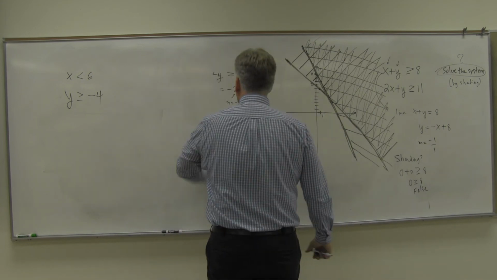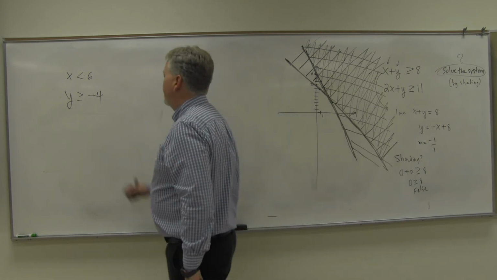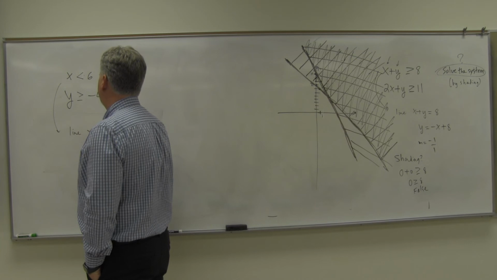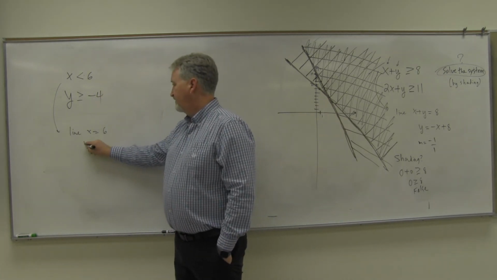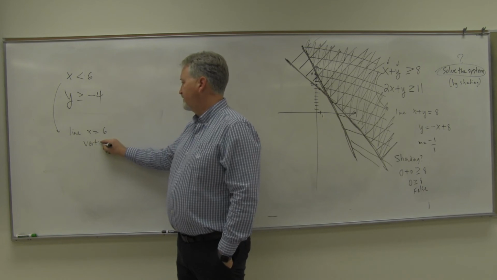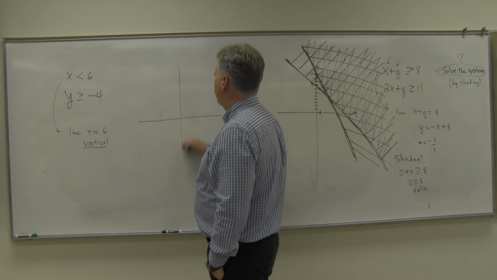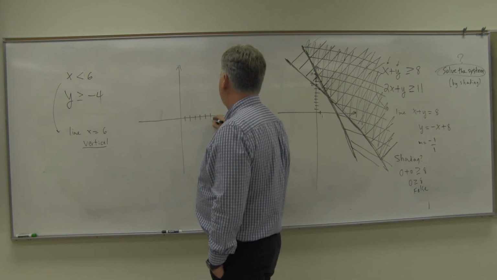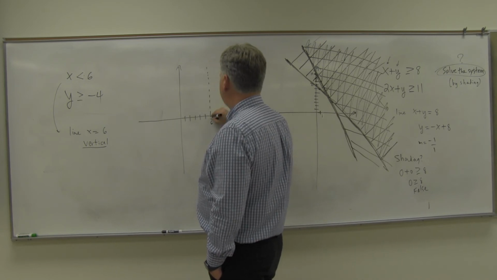Well, all right, so this one, we've got pretty easy lines, like this line right here is x equals 6. What kind of line is that? Vertical? X equals a number? So you just have to do a vertical line through x equals 6. It doesn't have the equal to part, so it's a dotted line.